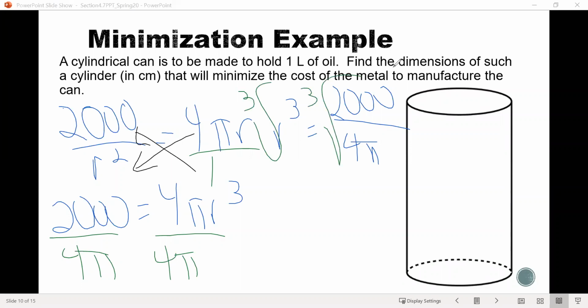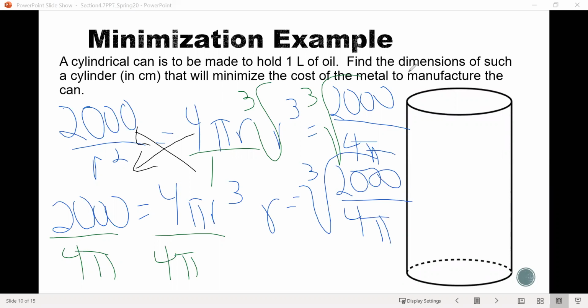So we end up with r equals the cubed root of 2,000 over 4 pi. Okay. And I realized, sorry, I should have done this before, reduce the 4 and the 2,000 there, so we can make this the cubed root of 500 over pi. Make that our final answer.